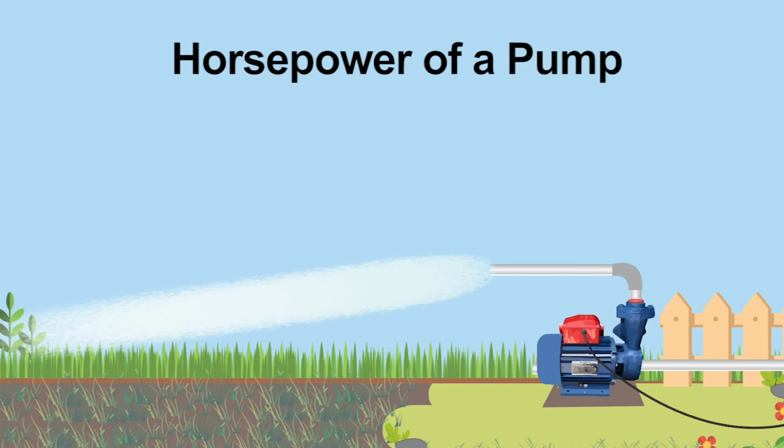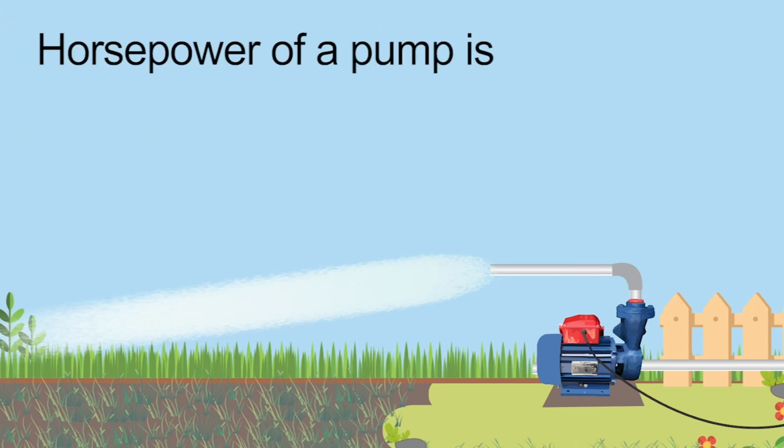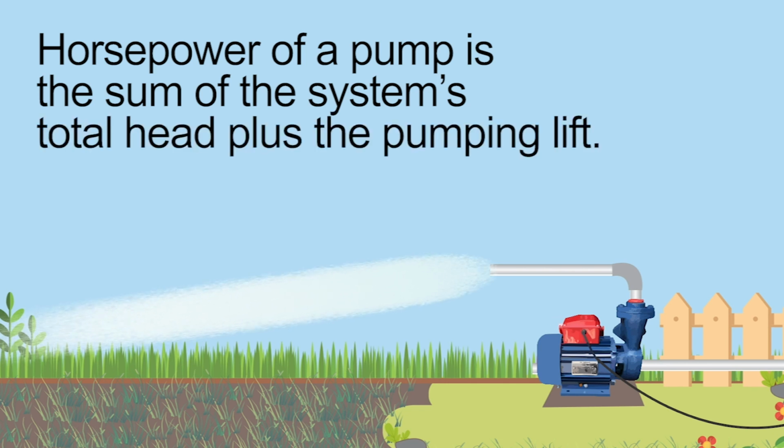While selecting a pump, one must take into consideration the maximum total head against which it is expected to operate and deliver the required discharge. Horsepower of a pump. Horsepower of a pump is the sum of the system's total head plus the pumping lift.